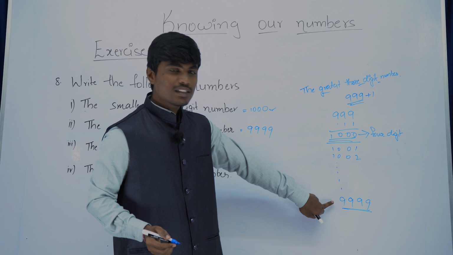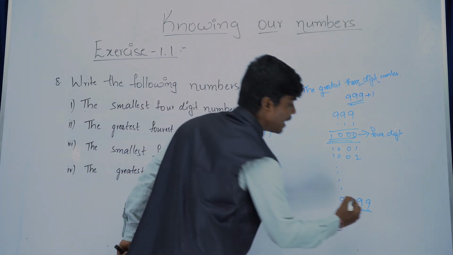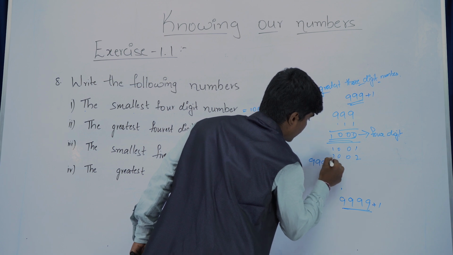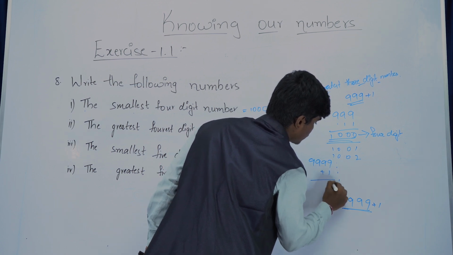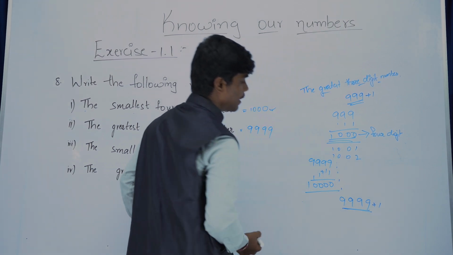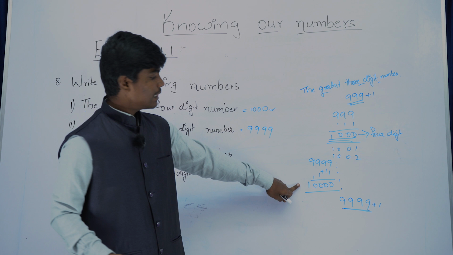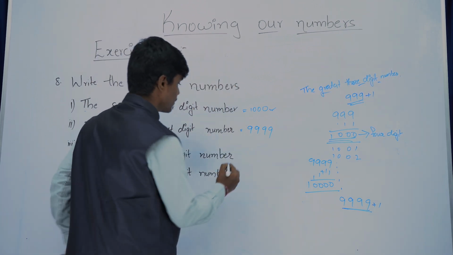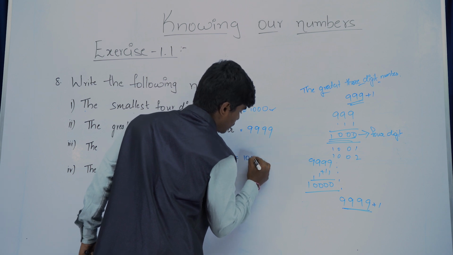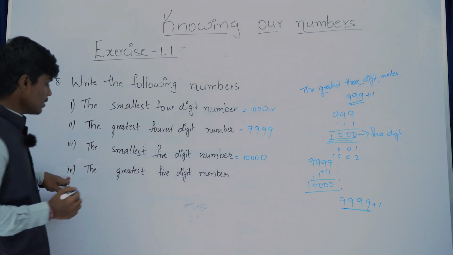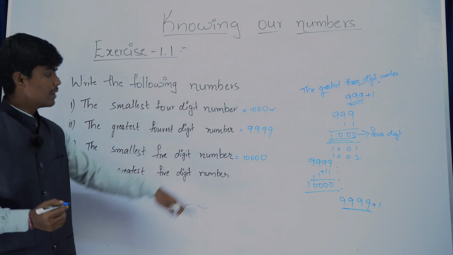And the third is the smallest 5-digit number. Here we know the greatest 4-digit number, so if we add 1, 9999 plus 1, we get 10,000. 10,000 is the smallest 5-digit number. And the last, the greatest 5-digit number.